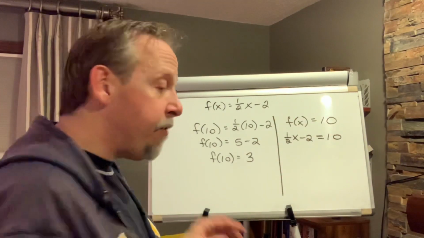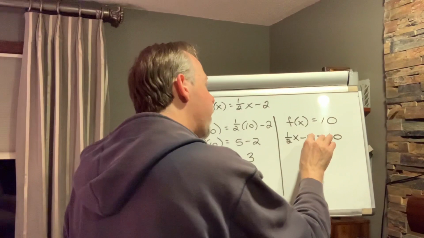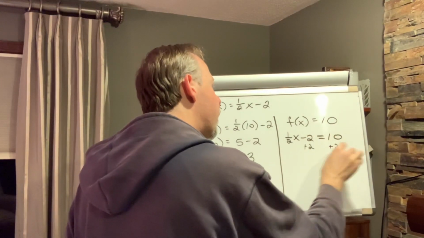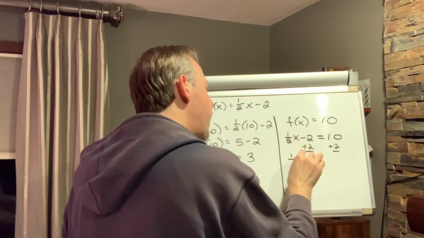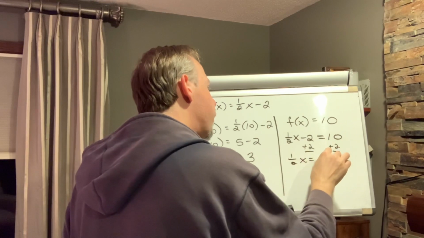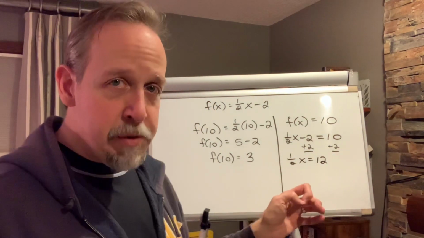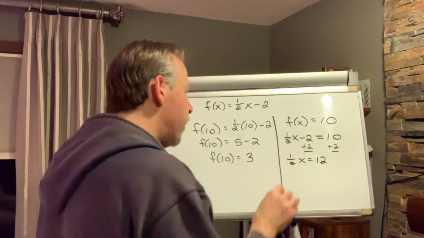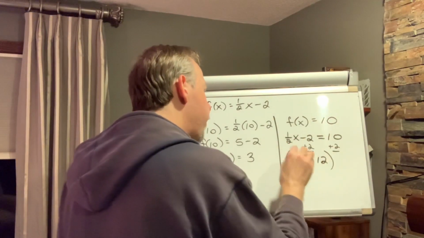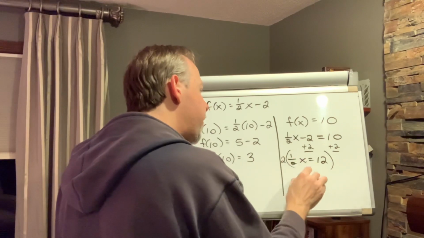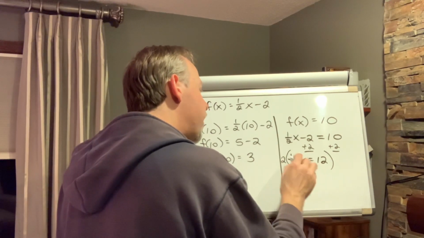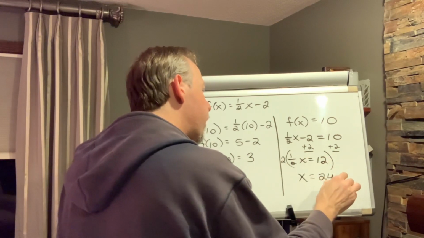Now we're going to solve for x. So we're going to add 2 to both sides. And I get 1/2 of x equals 12. To clear a fraction, we have to multiply by the denominator. So I'm going to multiply this whole thing by the number 2. That clears the fraction, and 2 times 12 is 24.